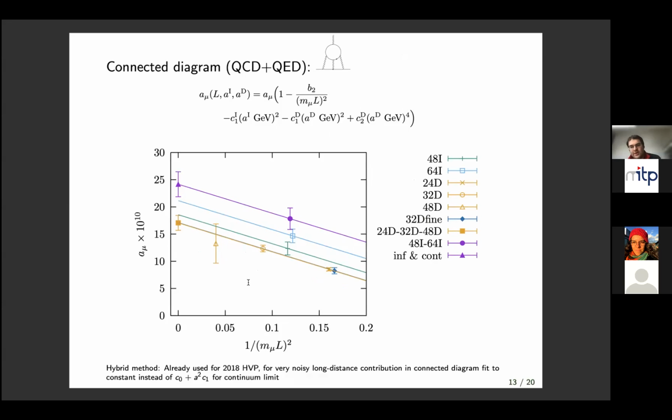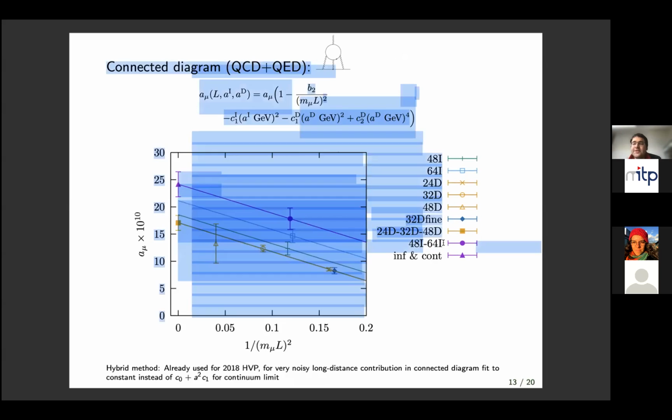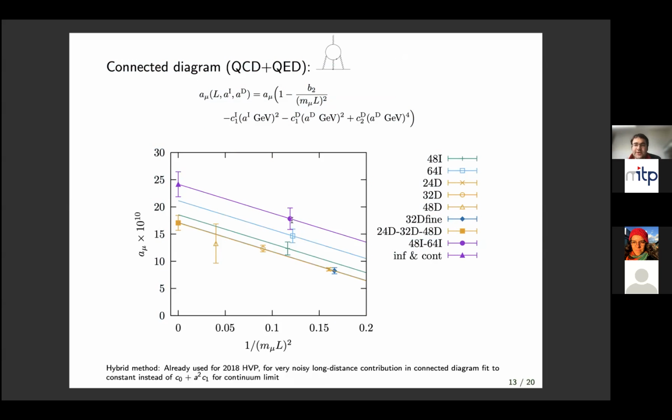Then here, all these ensembles are shown at the same time. You see the Pauli-like extrapolation and these finite volume effects to the infinite volume limit. And you indeed see, if you were to look at these 48I, 64I results right here, these points right here, these were the previous results for this particular diagram, for the connected diagram.